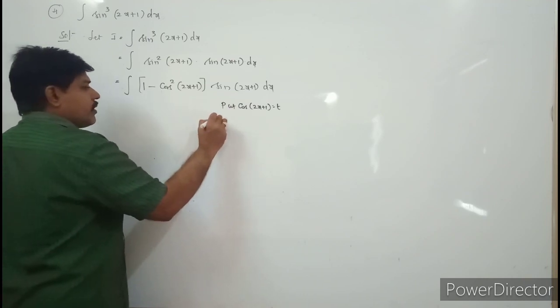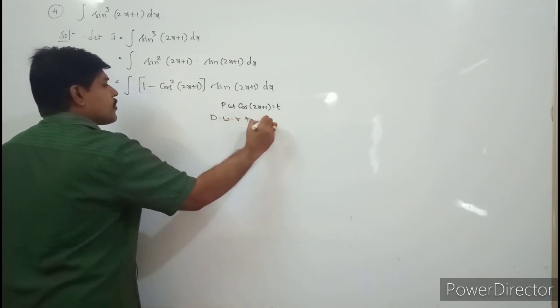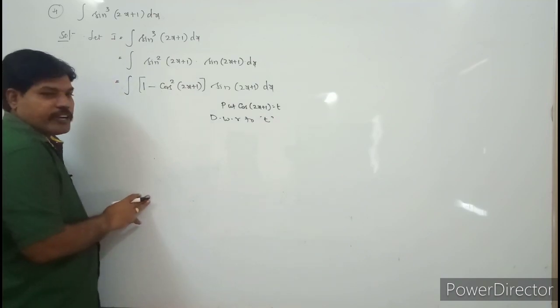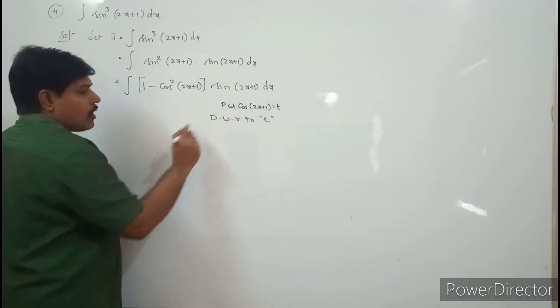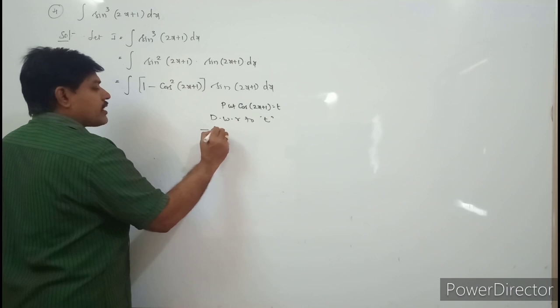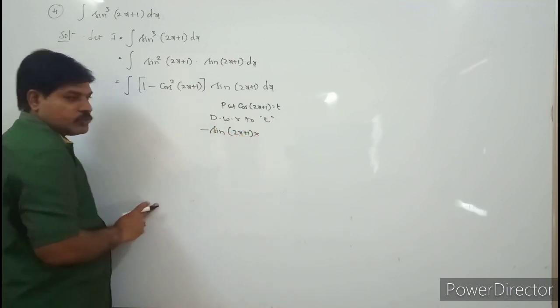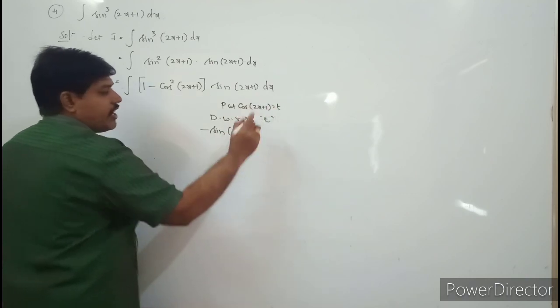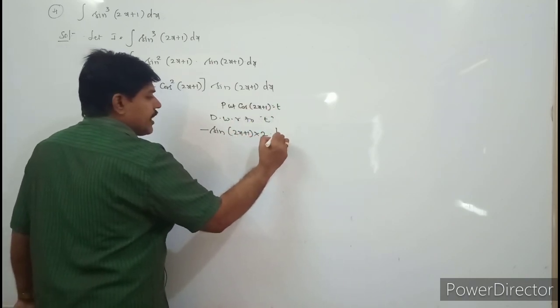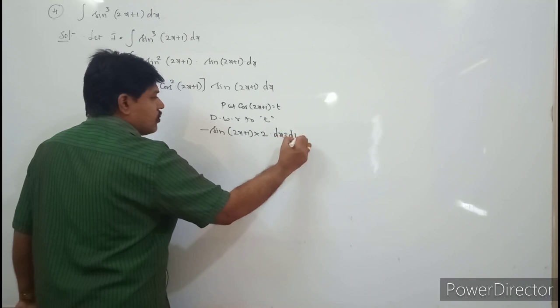What happens? Differentiate with respect to t: cos derivative is minus sine of 2x plus 1 into the derivative of 2x plus 1, which is 2, into dx. So that is equal to dt.